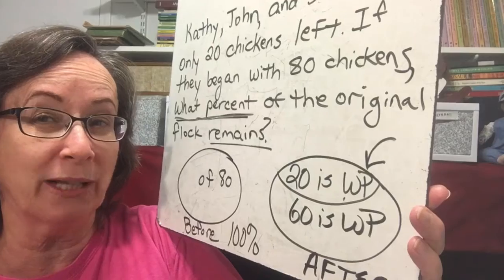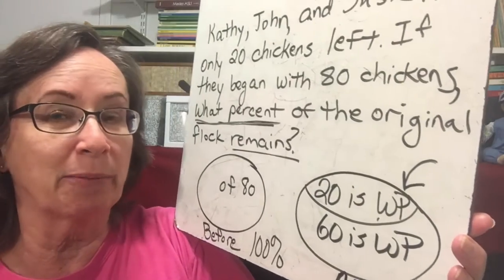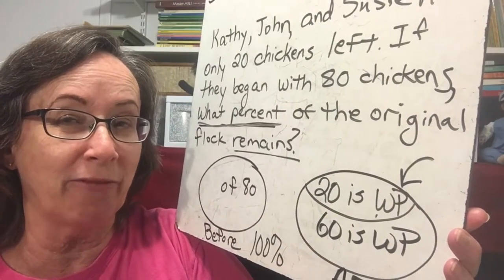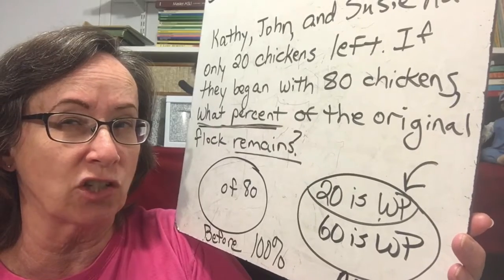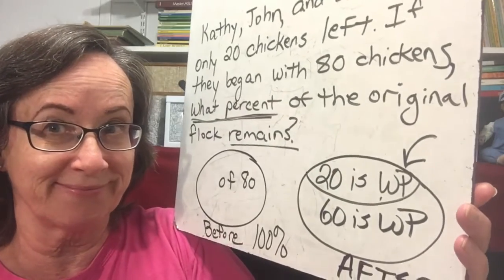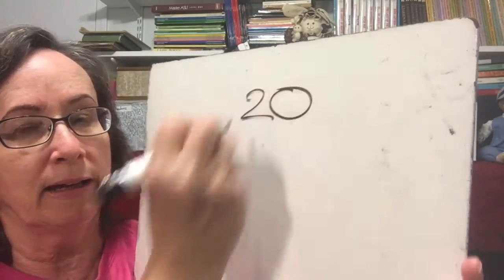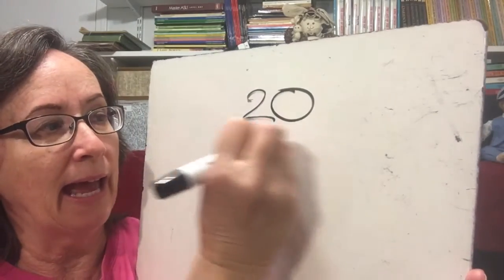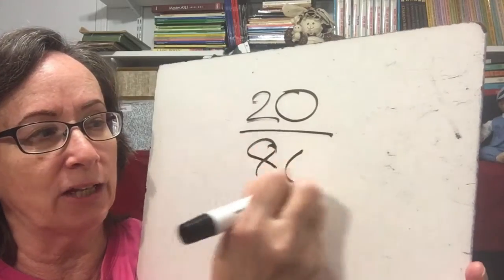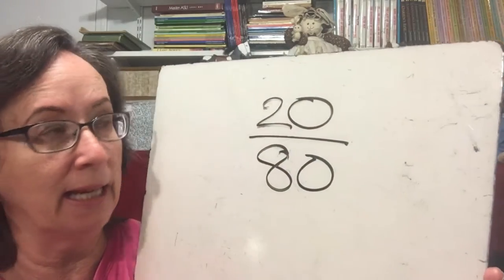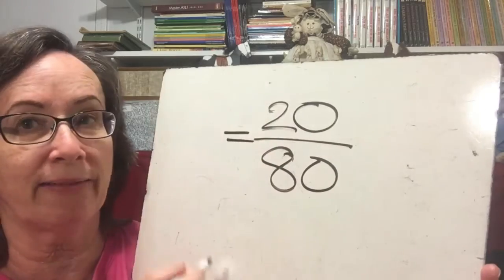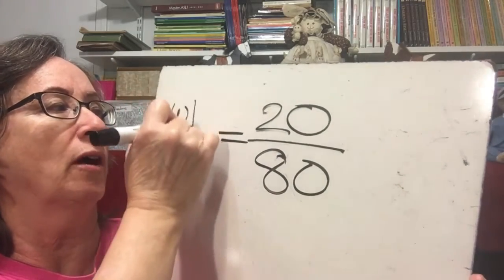So how we're going to set this up, I'm going to teach you two different ways, but the one I think makes the most sense is to start with a proportion. So remember that there were 20 chickens remaining out of 80 total at the very beginning. And we're going to set this equal to the what percent.